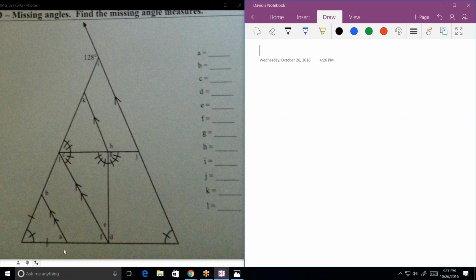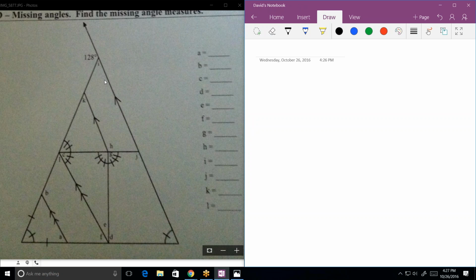Let's see. Do we know angle I? You can figure it out. 52. Go ahead and write that on your sheet. And if angle I, was this the best way to do this?